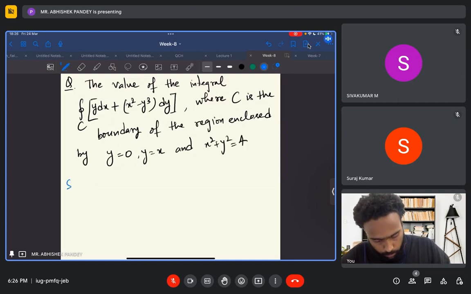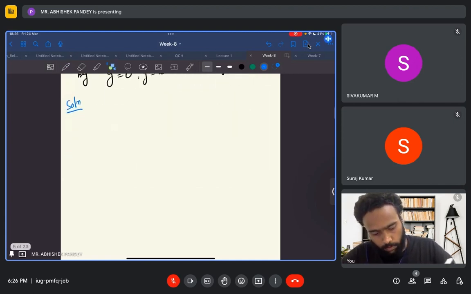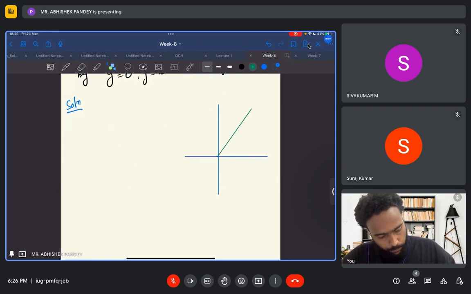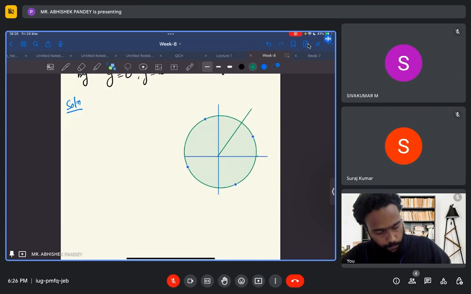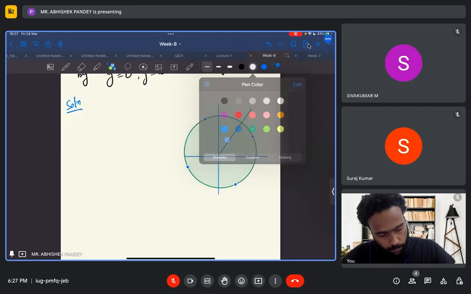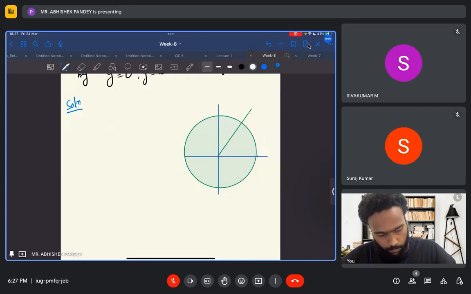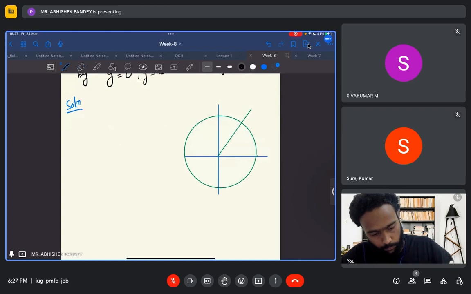So let us do this one. First thing we need to see is the curves: y equals x, and x squared plus y squared equals 4, so the radius is 2. And y equals 0 is the x axis.